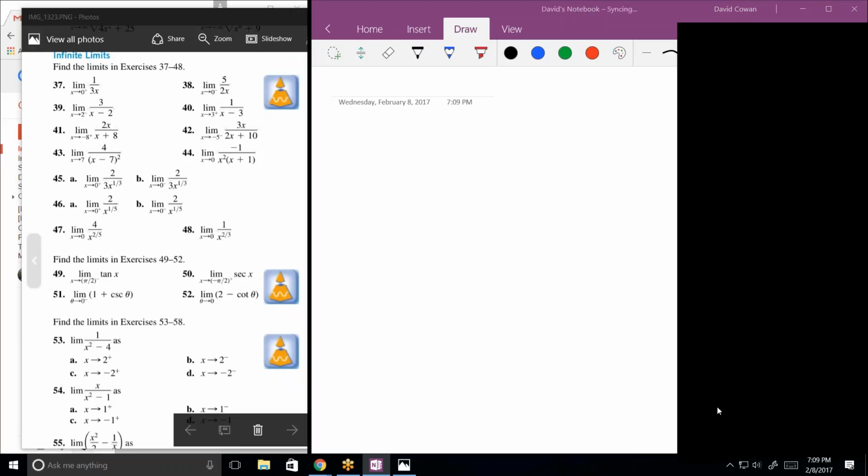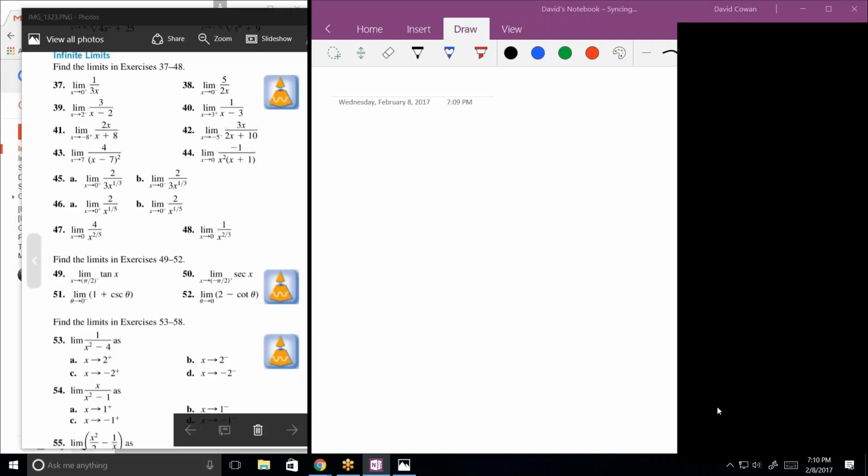Let's see, the x squared takes care of the left and the right, but this term, no, this is always positive, right? I believe so. If you plug in anything other than 0, it's always positive.